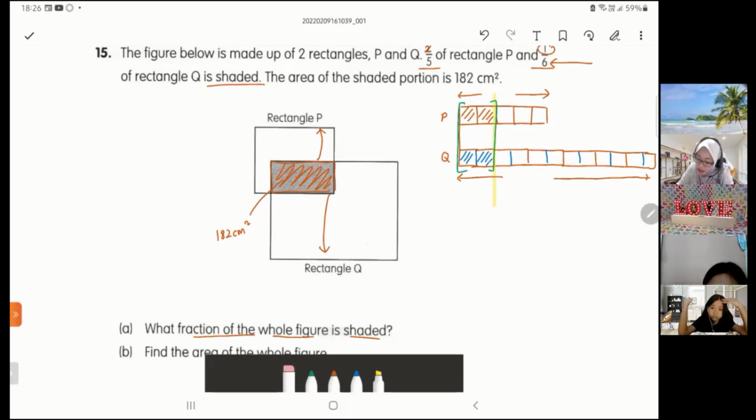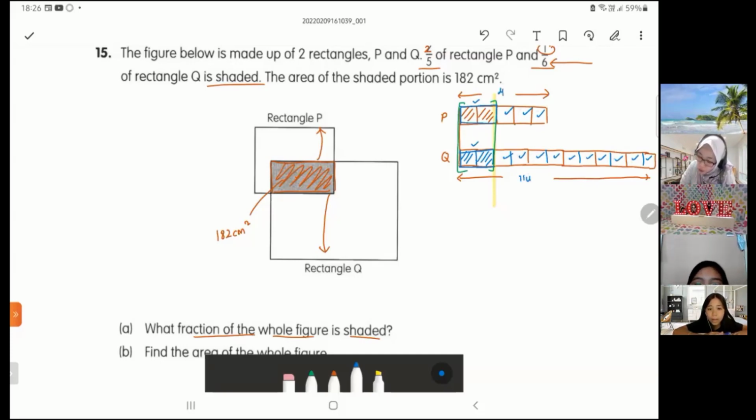So I will just count it individually. Here 1, 2, 3, 4, 5, 6, 7, 8, 9, 10, 11, 12, 13. And then here is 14, 15 as 1 unit. It is counted as 1 unit. They are the same overlapping part. So here 1, 2, 3, 4, 5, 6, 7, 8, 9, 10, 11. 1, 2, 3, 4.